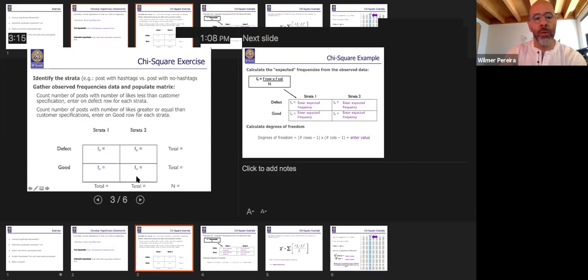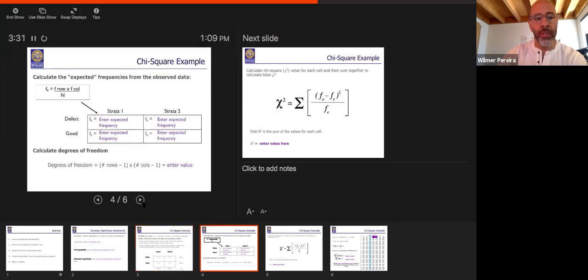And then you have to look back when we define defects, right? Which is posts that have less than a number of likes that we already set up when we were doing process capability. And then once you have your observed data, then you are going to calculate for each cell your expected frequencies with that formula there.